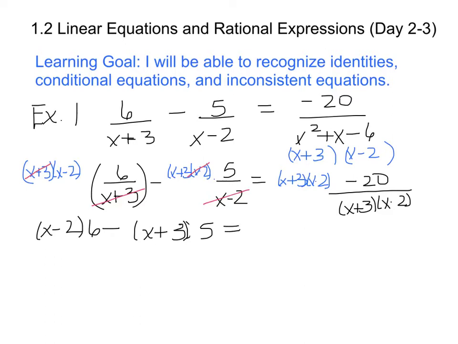And then here, both factors cancel out, and you're left with negative 20. Now you just distribute.